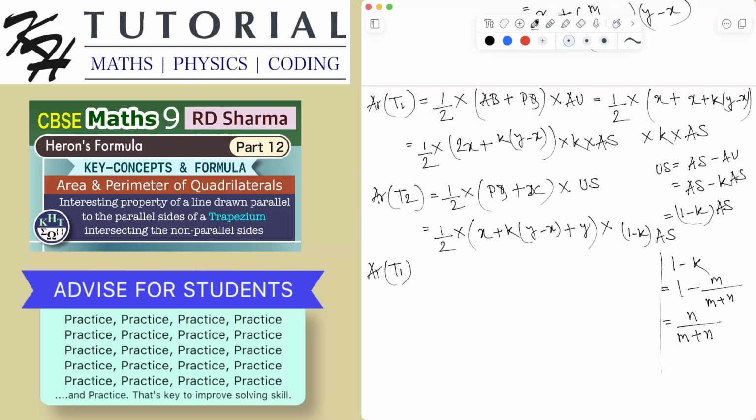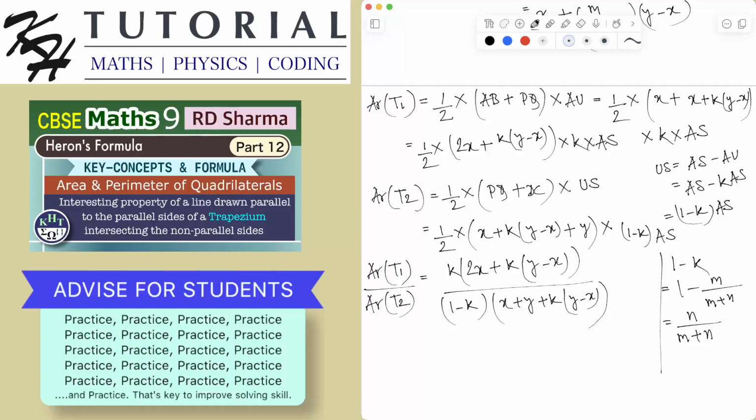So then the area of T1 divided by the area of T2 will be equal to, half will cancel out, AS will cancel out, and we will have k into 2x plus k into y minus x, divided by 1 minus k multiplied by x plus y plus k into y minus x.